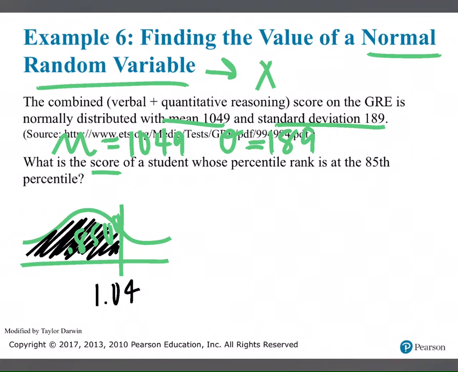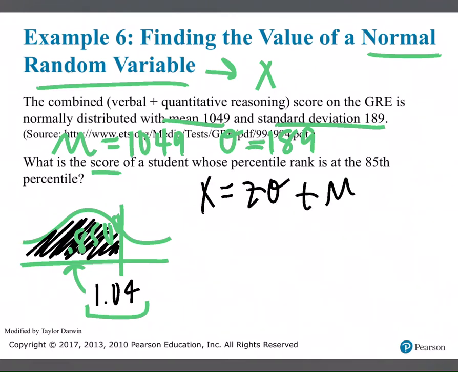I believe it is 0.8508. And so the hardest part about this is obtaining a z-score from an area that you're given. Because once you have that, you have everything you need. The formula is x equals z sigma plus mu. That plus looks like a T, so I'm going to fix it really quick.